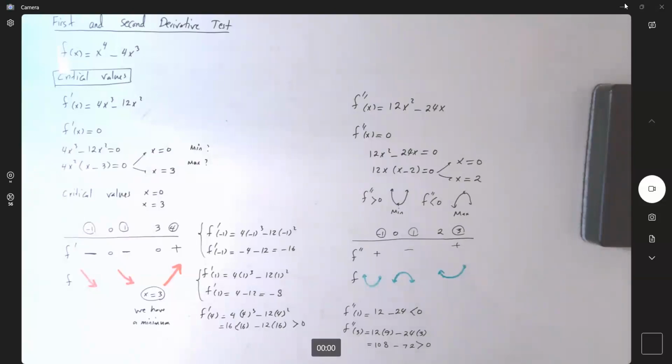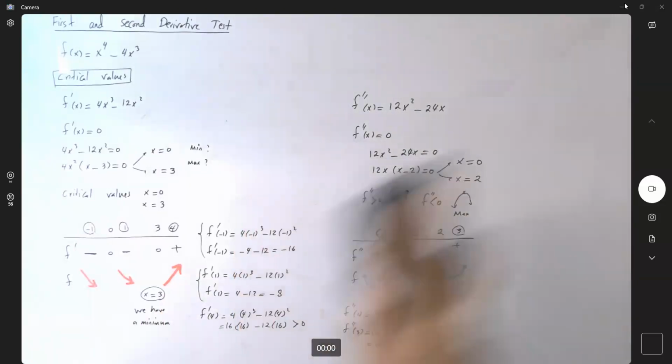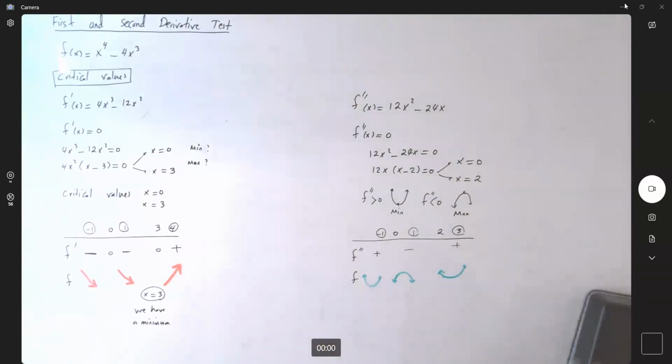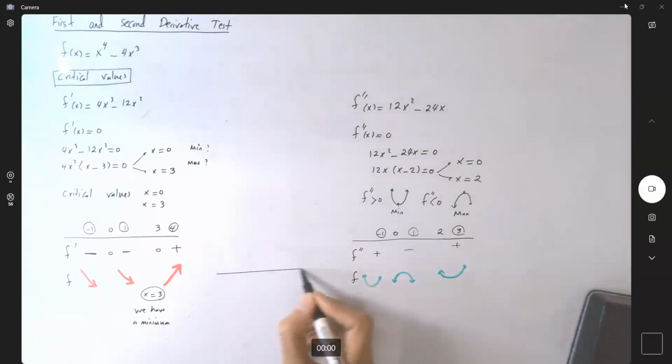So let's take a look at the behavior of this function. These are the things that we know. We know that at x equals 3, we have a minimum. And we know that the behavior of the function is concave up, concave down, and then concave up again. So let's try to graph this without looking at Desmos or any other websites.